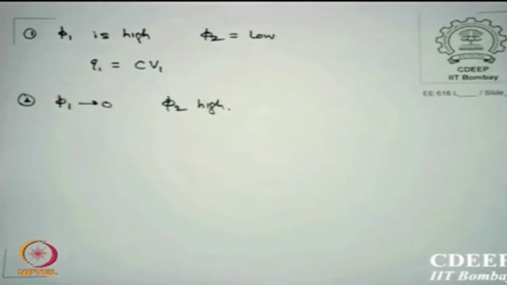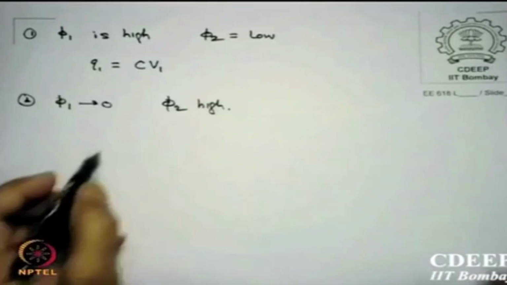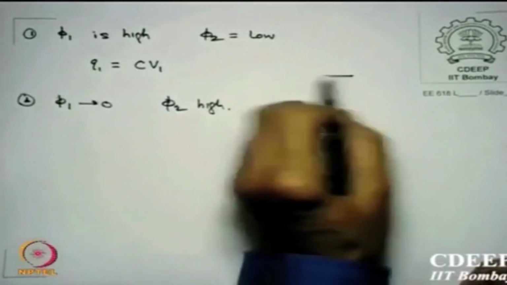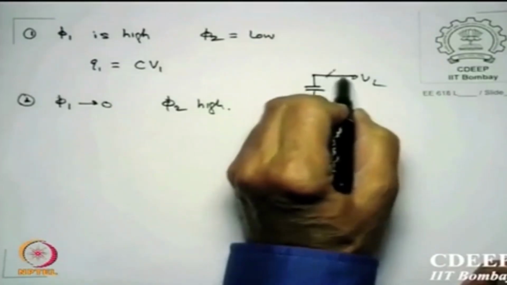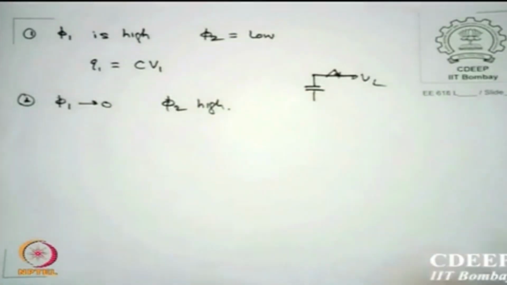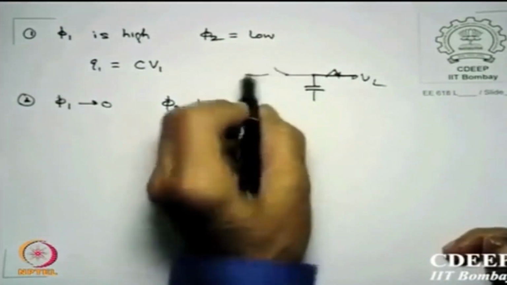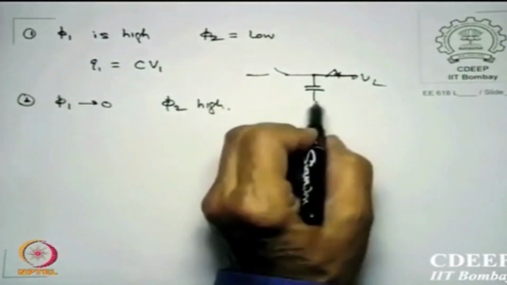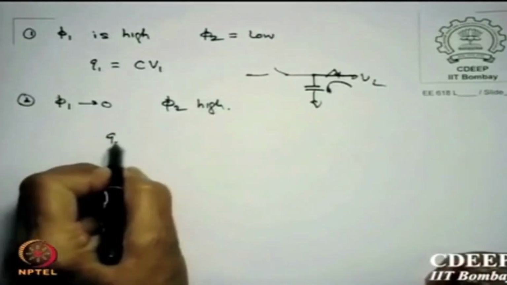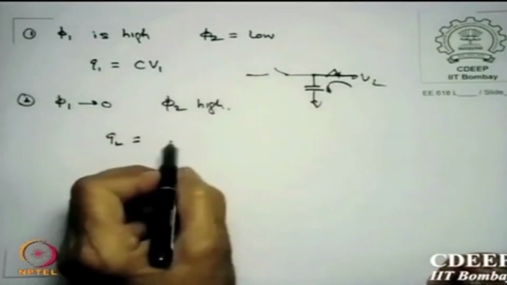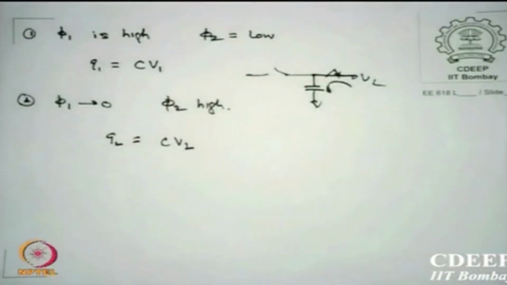Okay. Now when phi 2 goes high, the charge on the capacitors from this side, you can see this is V2 and this is your capacitance. So this is like a switch closed, and this is like a switch open. Now this tries to charge this capacitor. Depending on the initial condition, it will decide what the new charge should be, but assuming the charge it should go to, if initially there was no charge, is CV2.